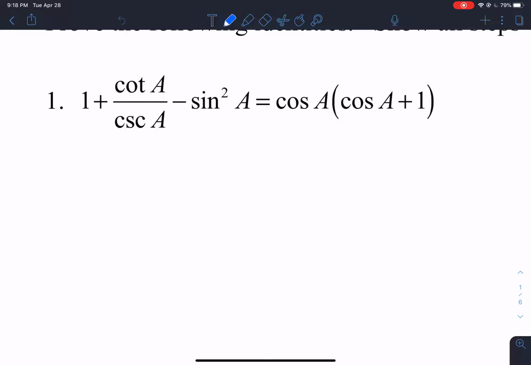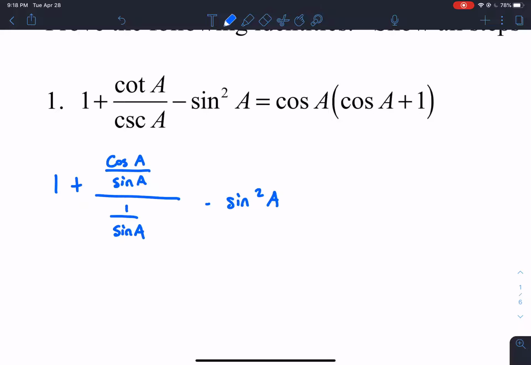I'm going to change everything so that it's sine and cosine. So I have 1 plus cosine of A divided by sine of A over 1 over sine of A minus sine squared.